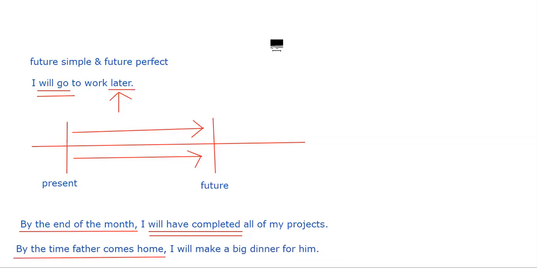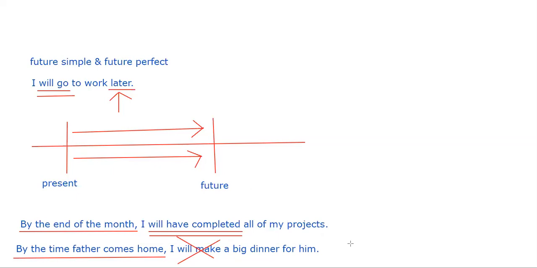This doesn't work here. This is not grammatically correct. By the time father comes home, I will make a big dinner for him. You can't use the future simple like that. Because again, when you say something like by the time father comes home, you're implying that one event starting from now will lead into the future. Compared to the future simple, that implies that at one point in the future you'll do something and it will occur at one point in time.